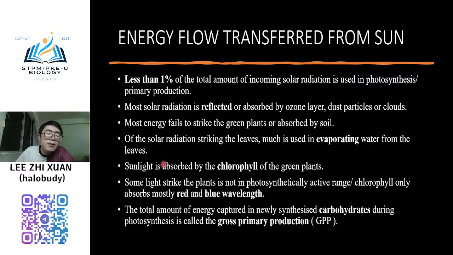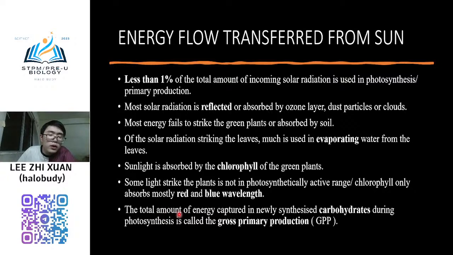Then sunlight is absorbed by the chlorophyll of the green plant, so this 1% of energy will be absorbed by chlorophyll. Chlorophyll mostly absorbs red and blue wavelengths. This is the theory that you learn in photosynthesis.